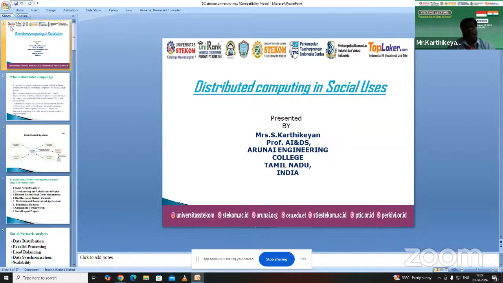Three concepts are very important: social network analysis, disaster response and crisis management, and healthcare and medical research. These three are very important impacts in distributed computing. Knowing these three concepts, we can easily identify them.